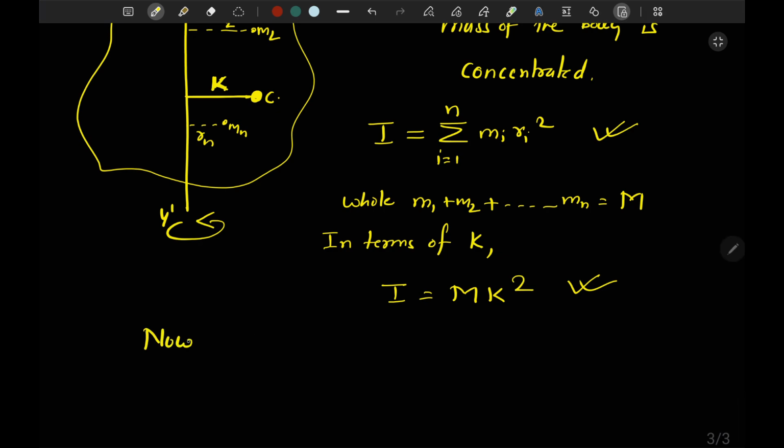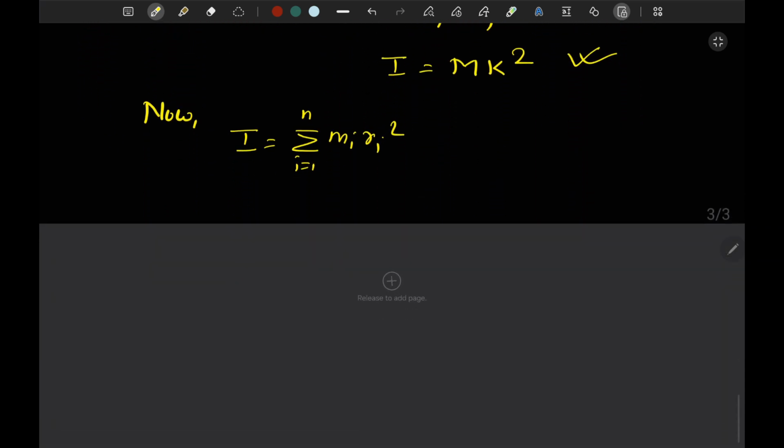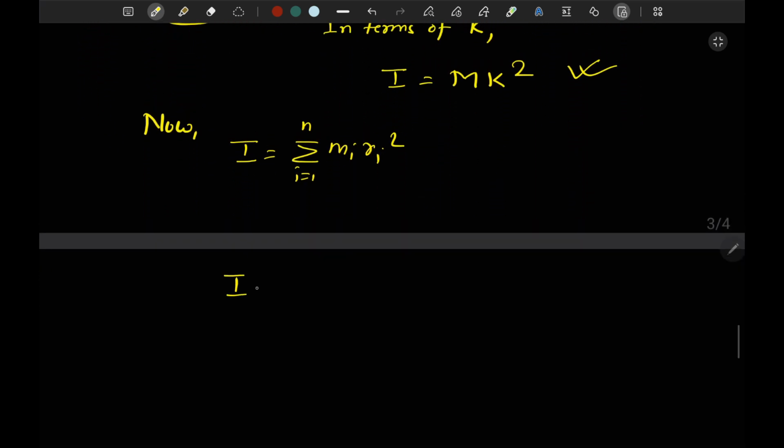Now the above equation I is equal to summation i equal to 1 to n mi ri square can be expanded as I is equal to m1 r1 square plus m2 r2 square plus dot dot mn rn square.